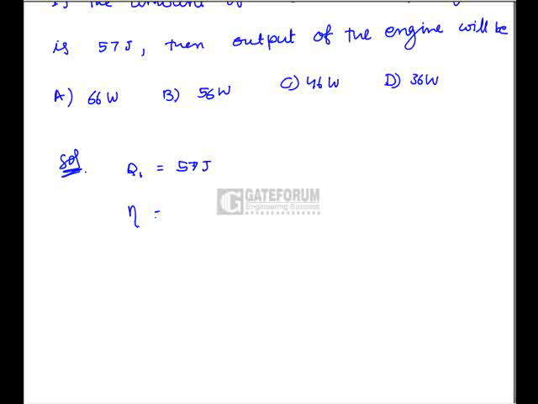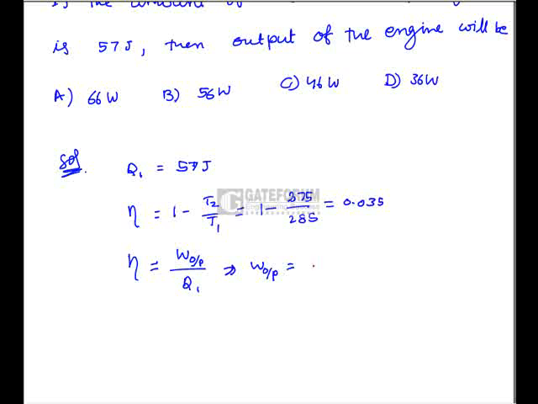So the efficiency of the cycle is equal to 1 minus T2 by T1, which is equal to 1 minus 275 by 285, which gives a value of 0.035. This is the efficiency of the engine, and we know the general formula for the efficiency of the engine is net work done, or work output, by heat supplied to the engine. So work output is equal to efficiency into heat supplied, that is 0.035 into 57.